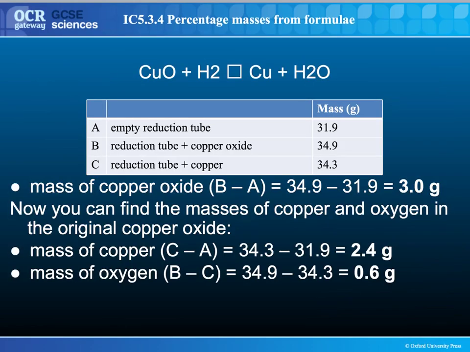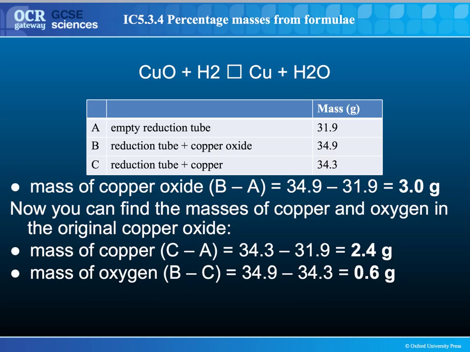You can also do this experimentally if you did a reduction here of copper oxide to copper and then try to find out what percentage of the original copper oxide was copper. What you'd have to do is have the mass of the copper oxide to start with, which you can calculate by doing 34.9 minus 31.9, giving you 3 grams, and then the mass of the copper left over at the end of the experiment, which is 34.3 minus 31.9, giving you 2.4.